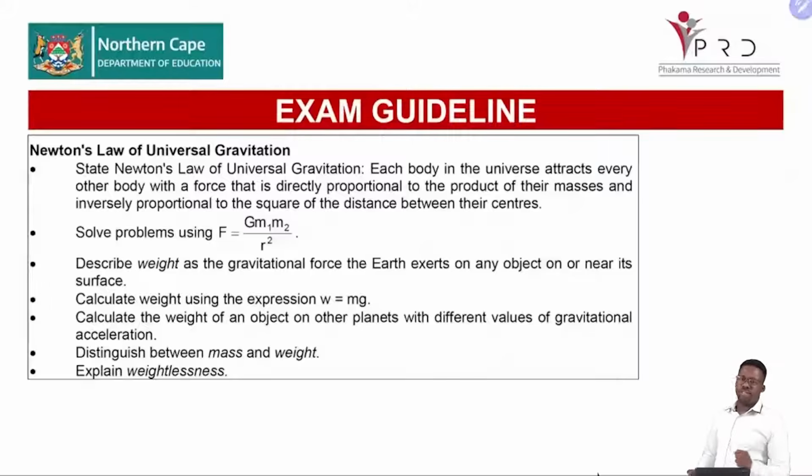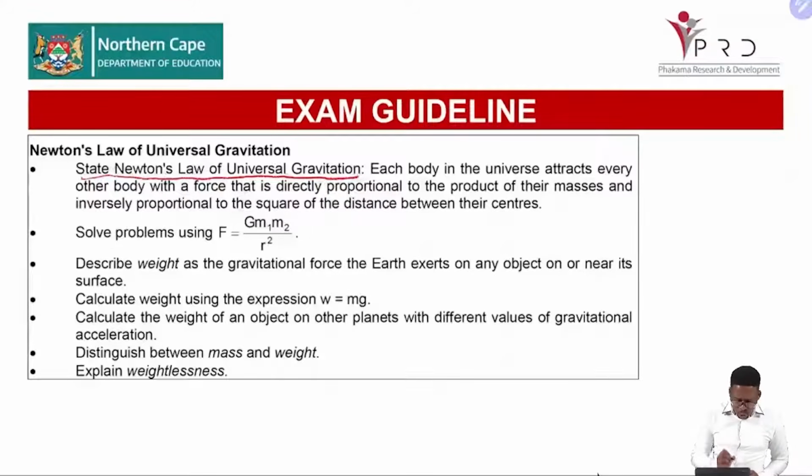Newton's law of universal gravitation. I said this definition is a bonus definition, because if you are given this definition, it means for question 2, we are going to have 2 definitions that can give you 4 marks, comfortably so.